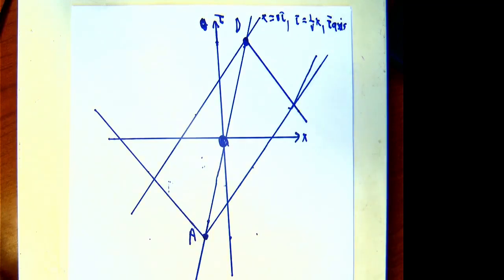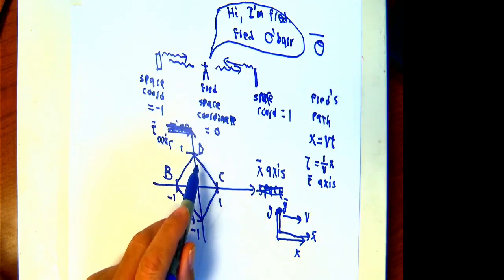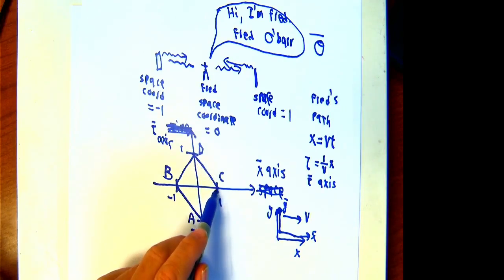Given my horrific drawing ability, this isn't as bad as it could be. In terms of the barred coordinates, the light ray started at A, ended up at D, and it changed its direction at point C.